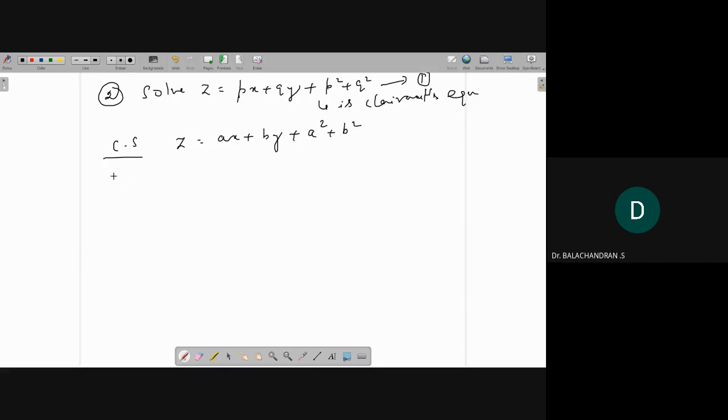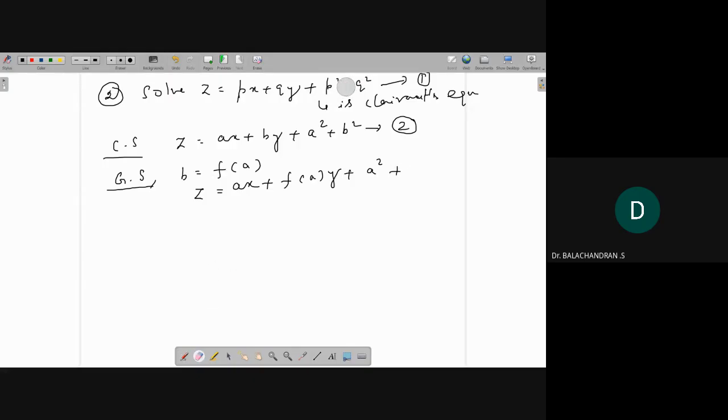So there is no need to find the general solution. But I will tell you for one problem how to write the general solution of this type. Once you write the complete solution, you should replace b by f of a. So z equal to ax plus f of a into y plus a square, sorry, there is a small mistake.